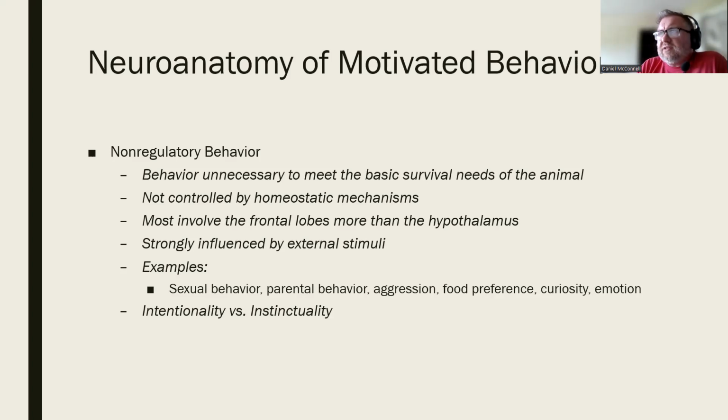As I said, we also may have some non-regulatory behaviors. So in some cases, some of these kinds of behaviors are perhaps physiologically influenced and biologically influenced, but they don't necessarily involve specific states that we're trying to maintain.